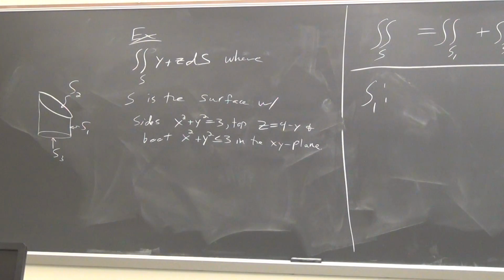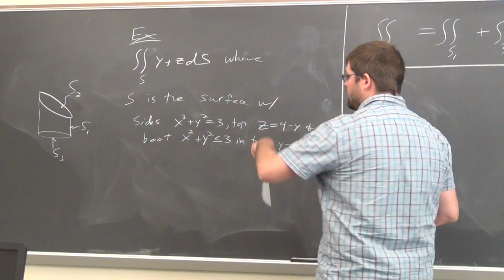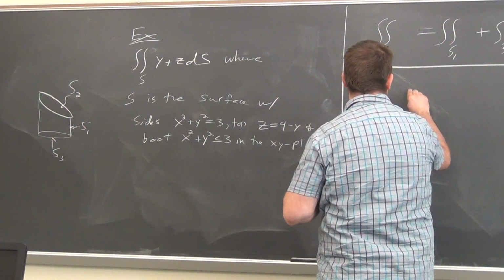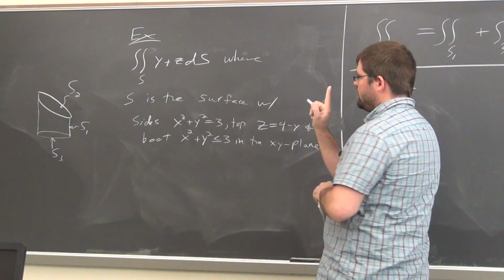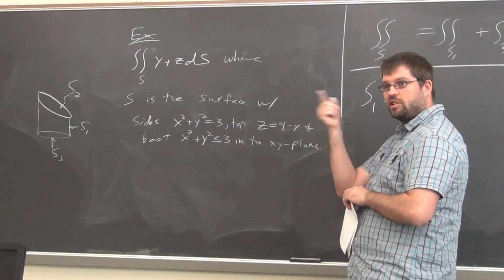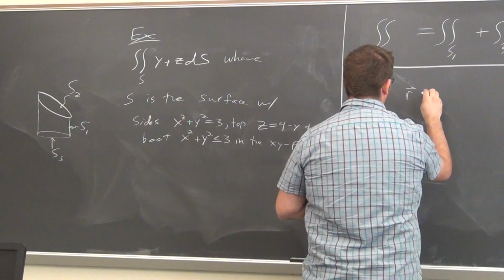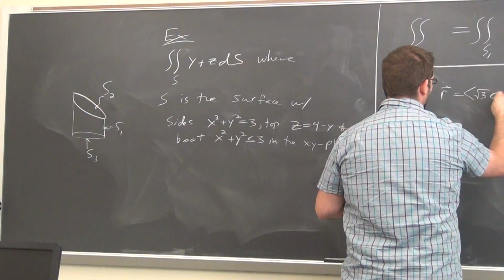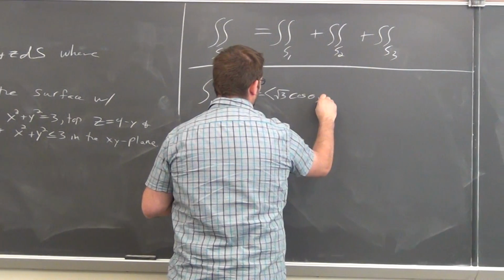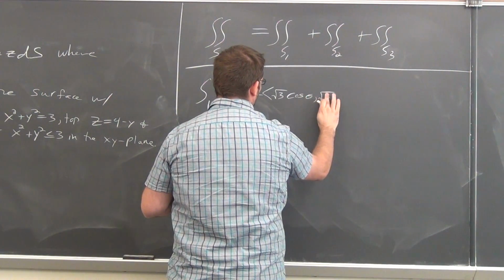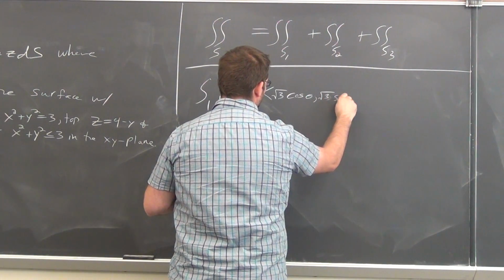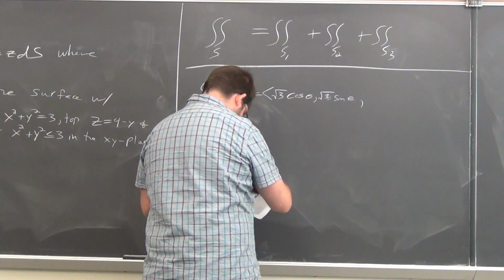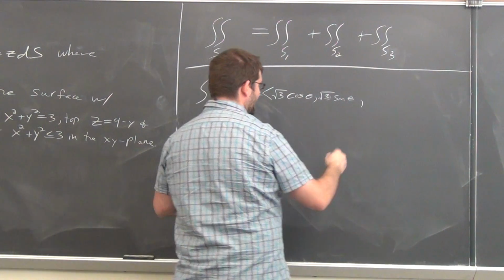Okay. So for S1, we want to go over that surface, right? And so your x's and y's are all just spinning around in a circle. And so you're going to get the same thing we did before: root 3 cosine theta, root 3 sine of theta, right? And then let's just say z here.